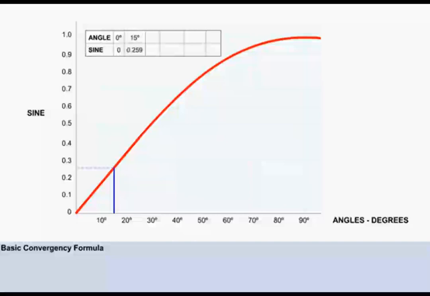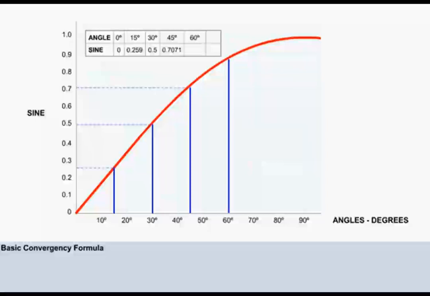The sine of 30 degrees is a half. The sine of 45 degrees is 0.7071. The sine of 60 degrees is 0.866. And the sine of 90 is 1.